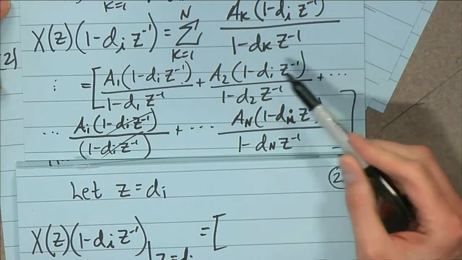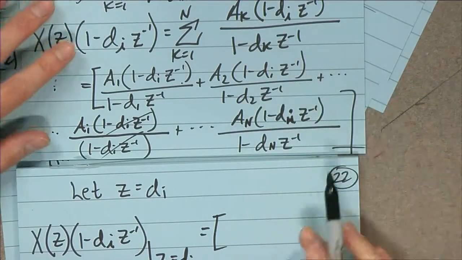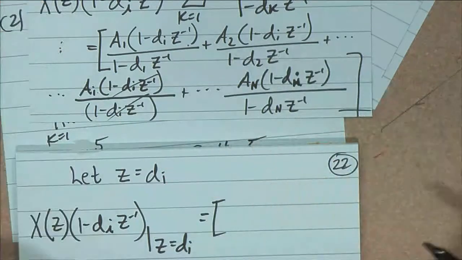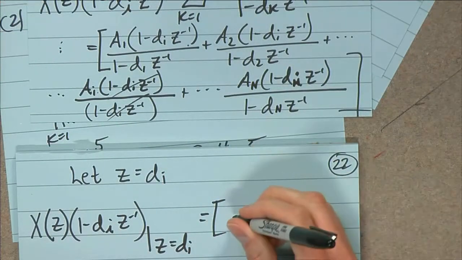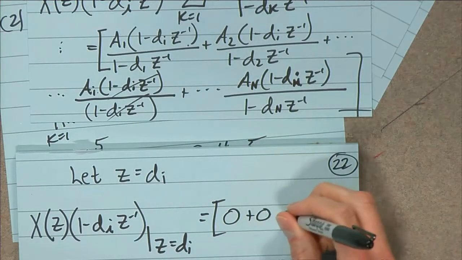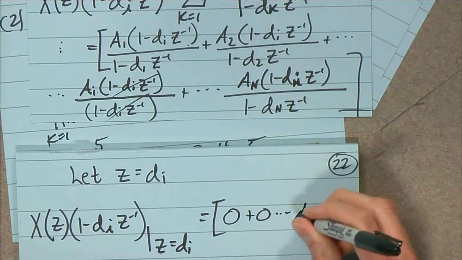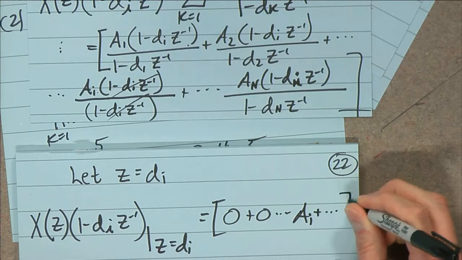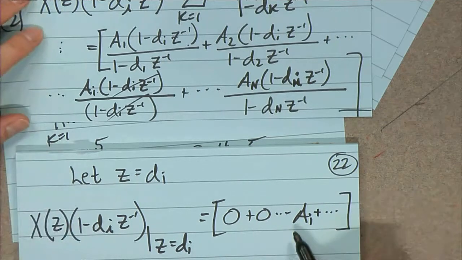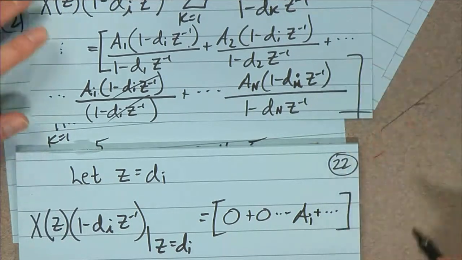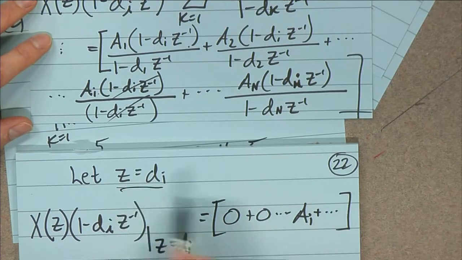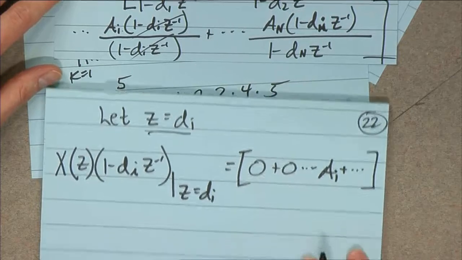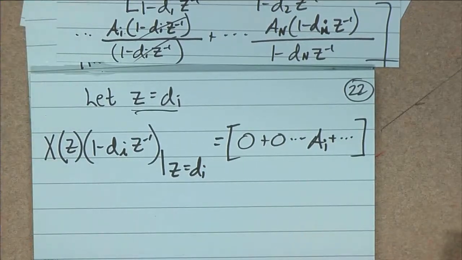And so every single one of these terms gets annihilated all the way through, except for this term, a sub i. Right? So we end up with 0 plus 0 dot dot dot a sub i plus dot dot dot to the end. Everything is 0 because all these terms were annihilated by setting z equal to d sub i. That was the trick that allowed that to happen.